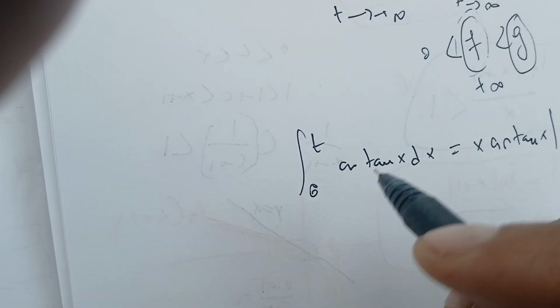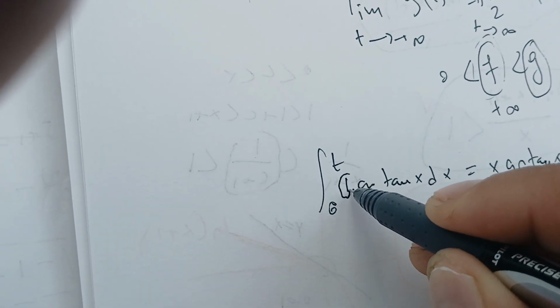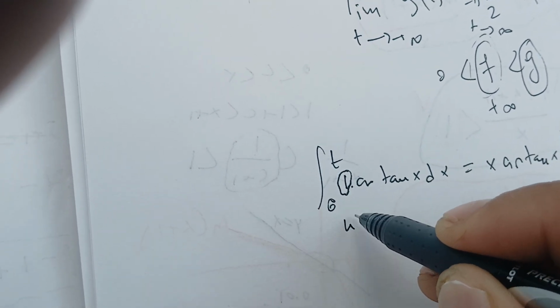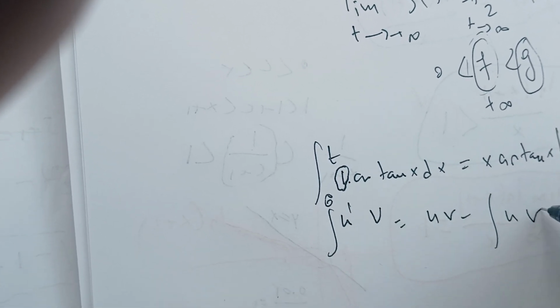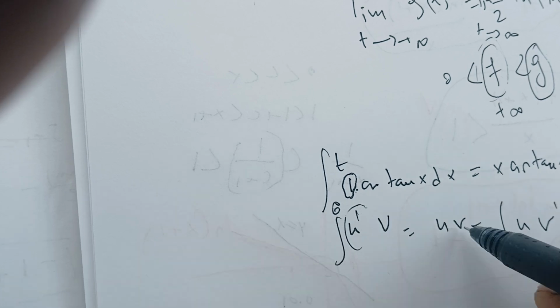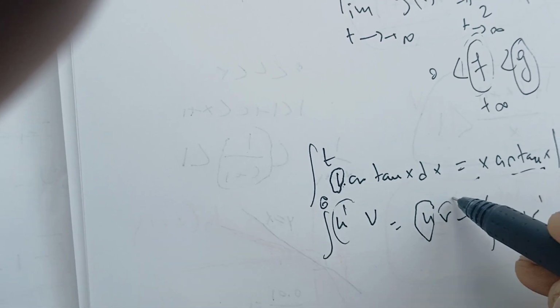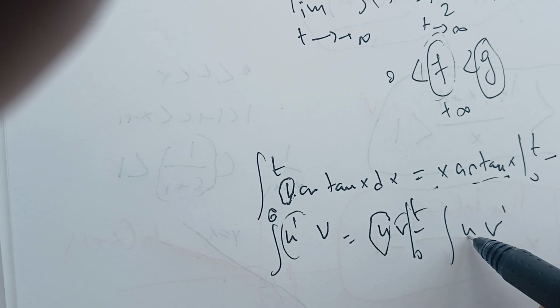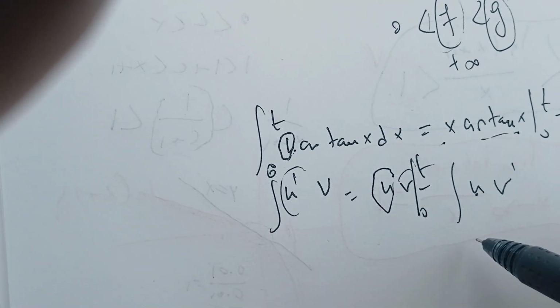Okay, so we can solve this one by using the famous rule u prime times v is uv minus u v prime. Our u prime is 1, therefore our u is x, and our v is arctangent here between 0 and t, and the derivative of arctangent is 1 over 1 plus x squared.